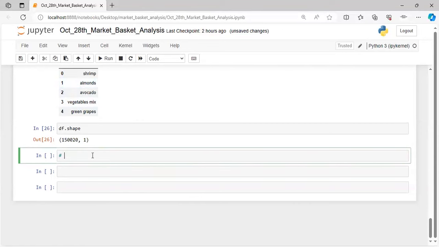So just create a column as count and pass the value 1 to each of the items. Basically we want to create a countable table.